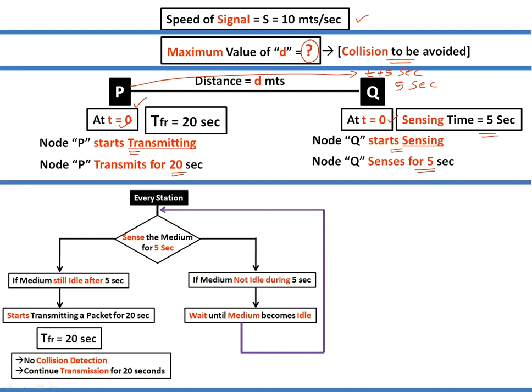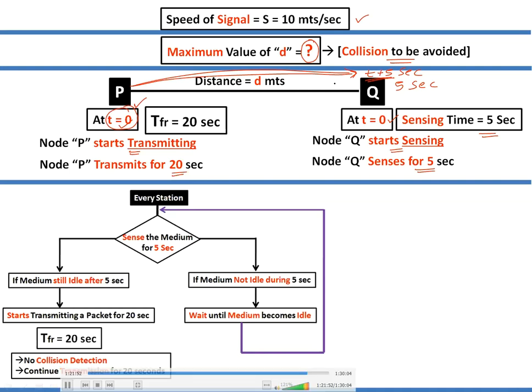While sensing the channel, you keep on using your ear to hear something. If nothing is audible in 5 seconds, you'll start speaking. If something is audible, you'll sit idle. So whenever I start at t equal to 0, at least my first bit should arrive to you within t plus 5 seconds.